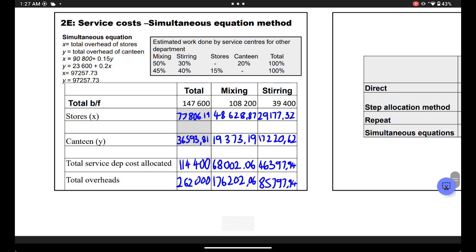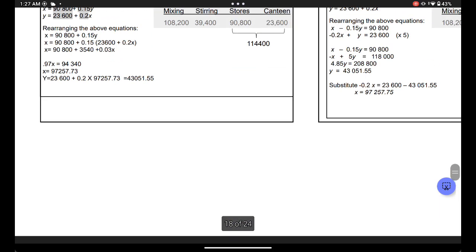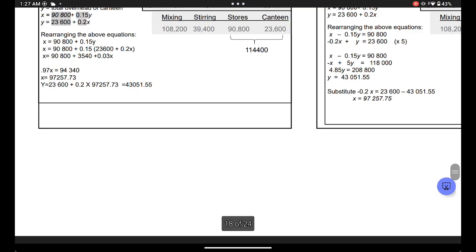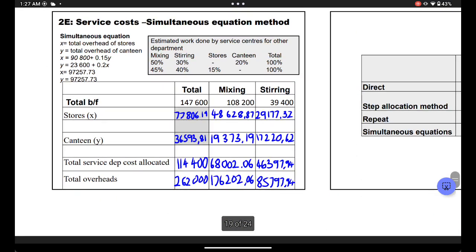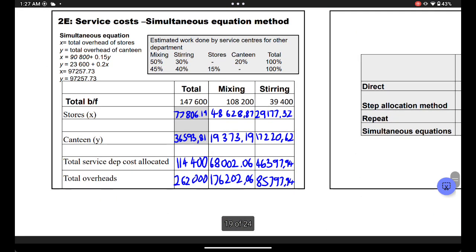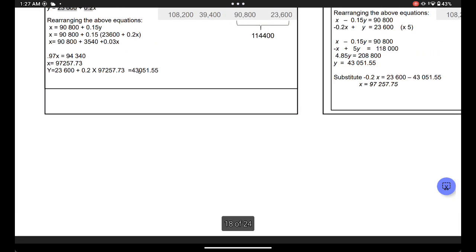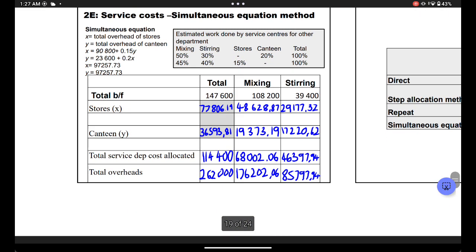Y is supposed to be 43 something, because for Y we got 43,051. I was putting that in my calculator to see why they made a mistake on their slides. Why they got 97? The Y is supposed to be the previous one we worked for. Okay, so the slides are a mistake. This Y is supposed to be what we obviously worked out. Y we got to be 43,551.55. So the Y is supposed to be that over there, right?